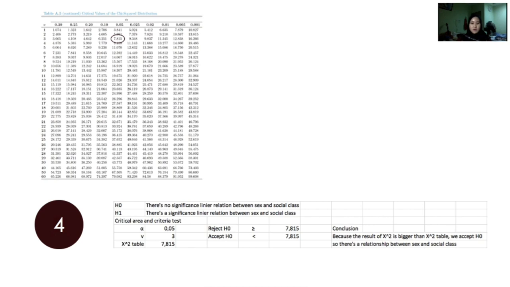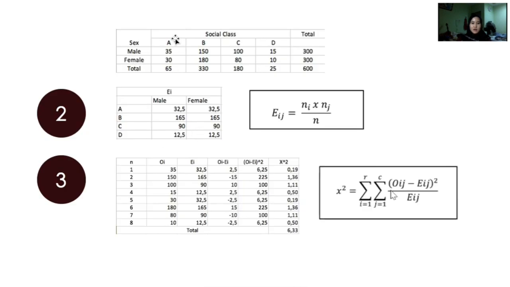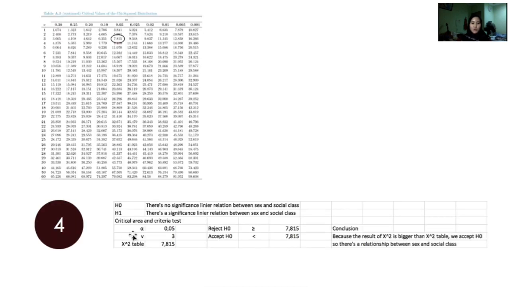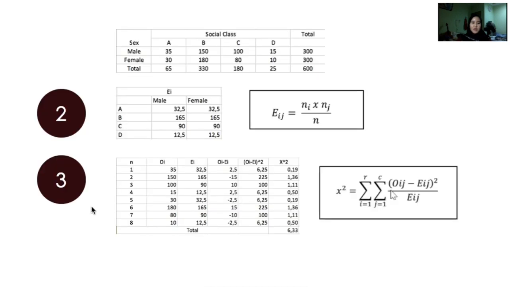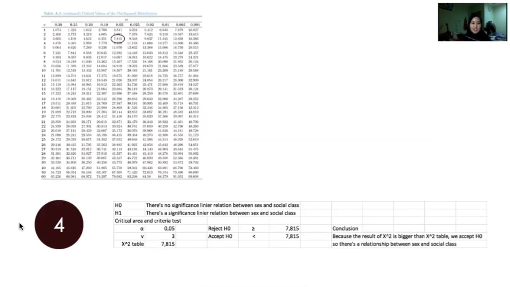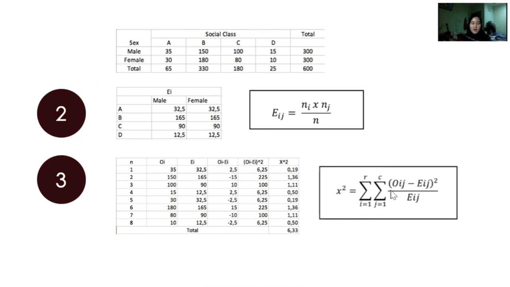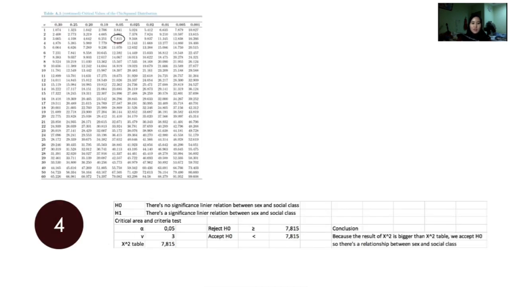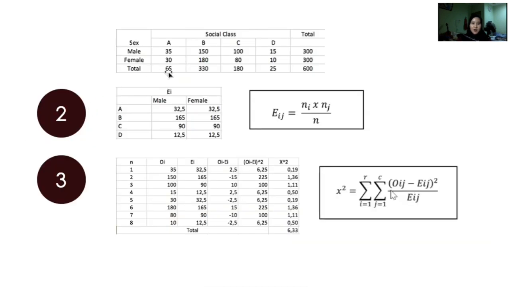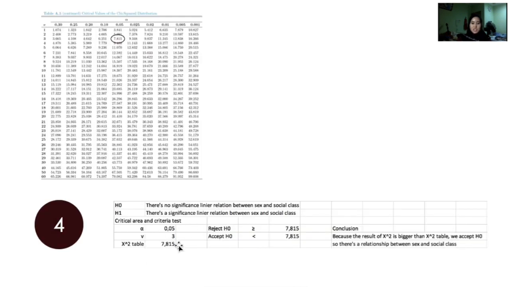Jadi karena tadi datanya kan ada 4 social class-nya, sedangkan seksnya ada 2 kan. Untuk mencari V-nya, jumlah rows-nya, barisnya dikurangi 1, lalu dikali dengan jumlah kolomnya dikurangi 1, maka akan didapatkan hasil 4 dikurang 1 dikali 2 dikurangi 1, maka hasilnya menjadi 3.